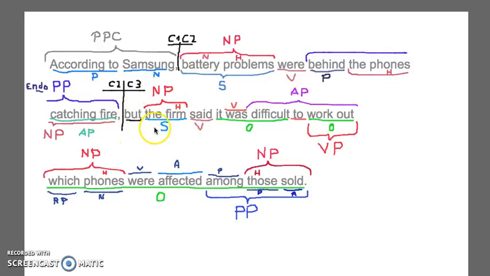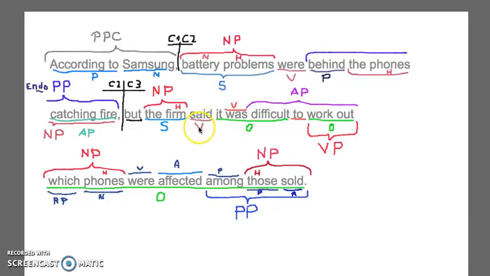We have the subject, the firm. This clause is introduced by the conjunction but. This gives the relationship between this clause and this one. The firm is the subject.